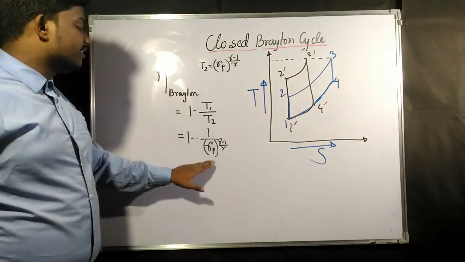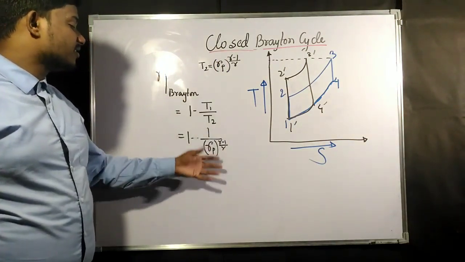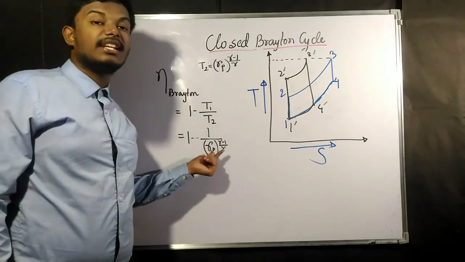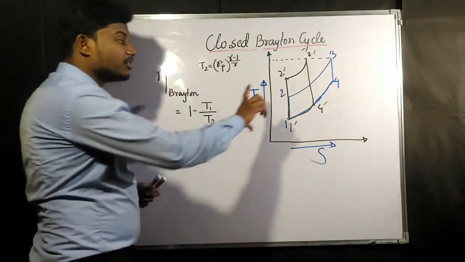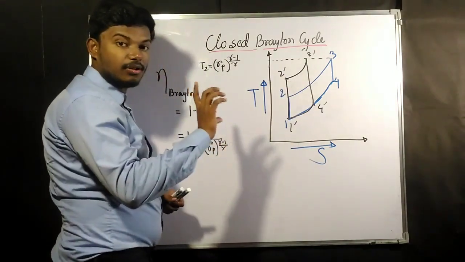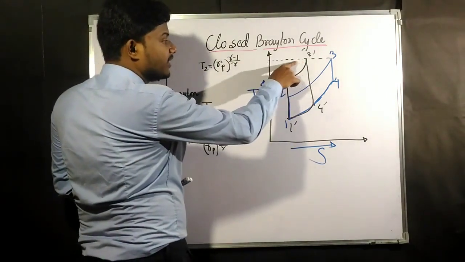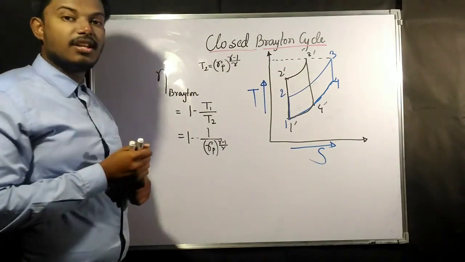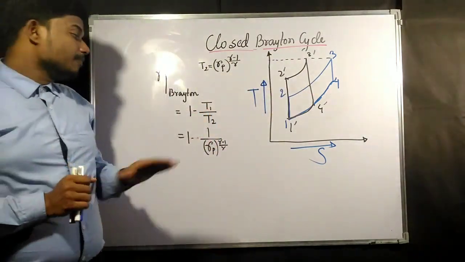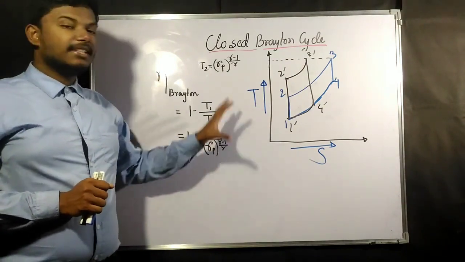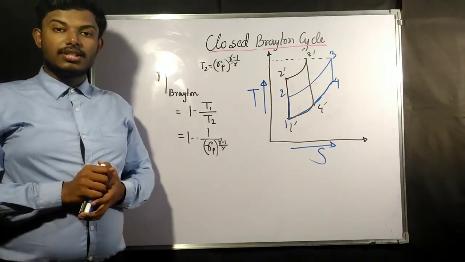So for increasing the efficiency, we need to increase the pressure ratio. But we need to keep in mind that the maximum temperature is fixed. Keeping the maximum temperature fixed, we can increase or decrease the pressure ratio, and by this we can design a Brayton cycle.